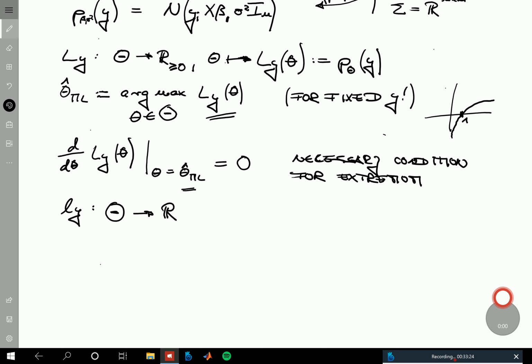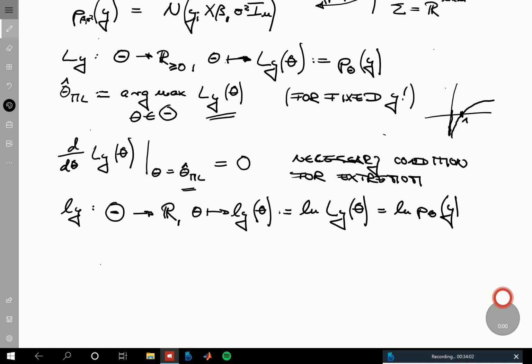So you see that the log of the positive numbers actually can be both negative and positive, so it's a real number, and it assigns to each parameter the log, so the natural logarithm of the likelihood function, which is the same of course as the log of the probability of the data at the location of theta.